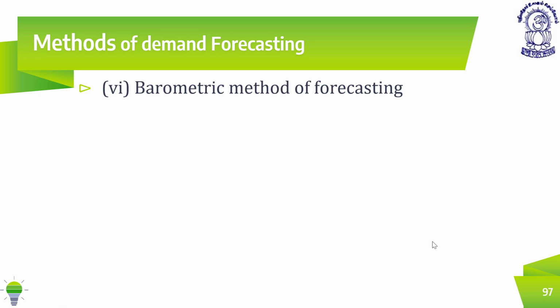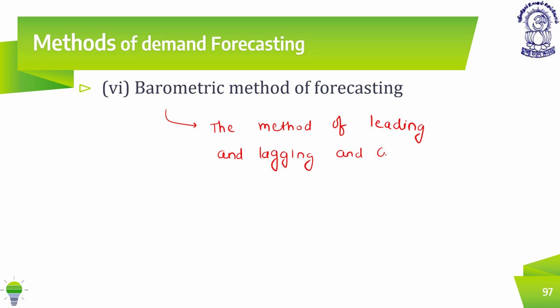The last method of demand forecasting is known as the barometric method. The method of leading and lagging and coincident indicators is useful here for demand forecasting.